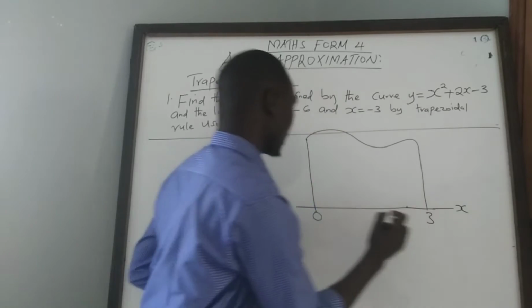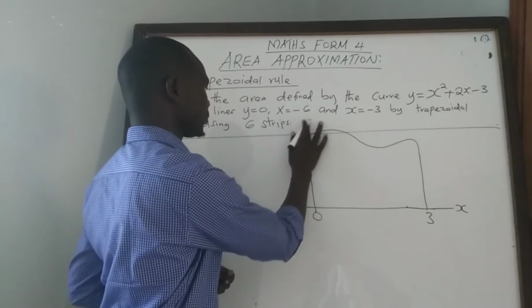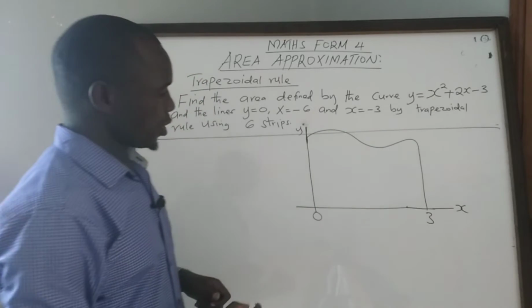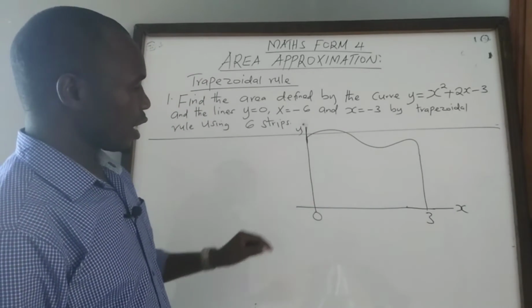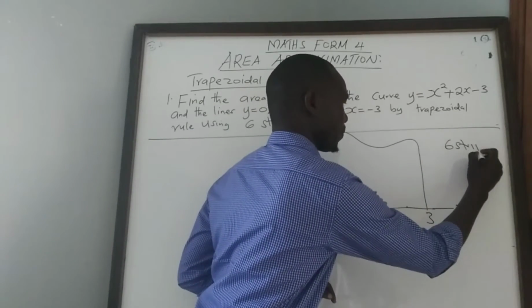This is the x-axis, and of course the vertical here is the y-axis. And you have been told to estimate the area of this region, for example, using 6 strips.